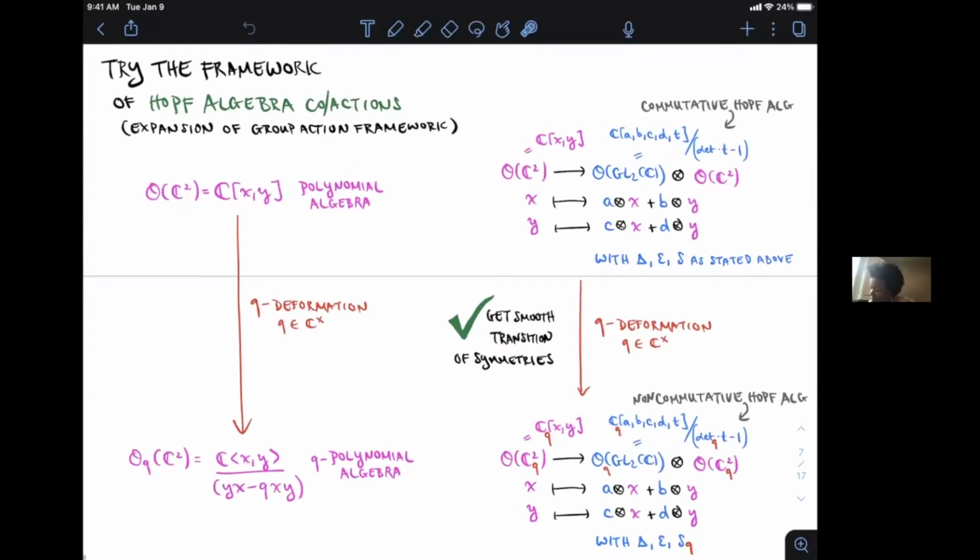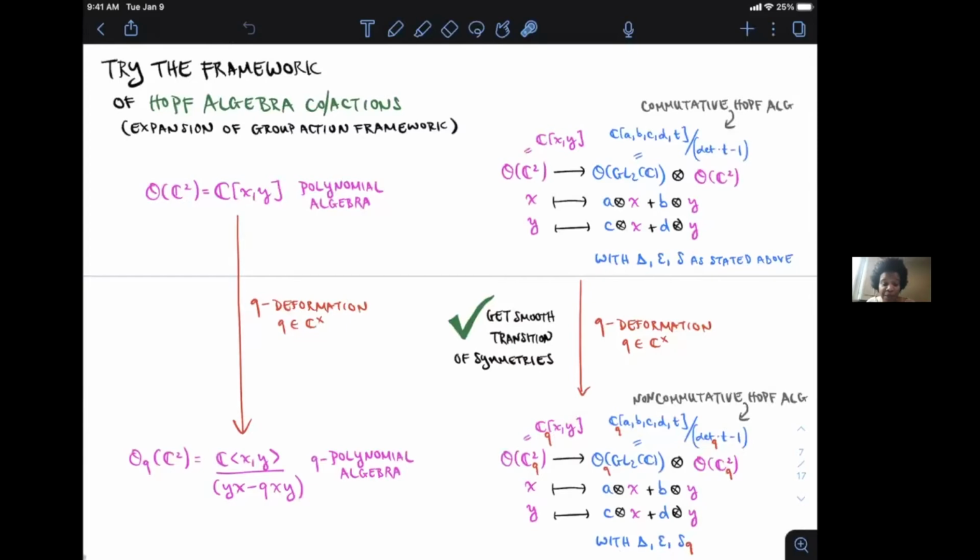So up here, I have a nice coaction of a commutative Hopf algebra. And down here with the Q version, I have a nice coaction of a non-commutative Hopf algebra. When I deform and then take symmetries, I get the same result as first taking symmetries and then deforming. So when I broaden the framework from group actions to Hopf algebras, symmetries commute with deformation.